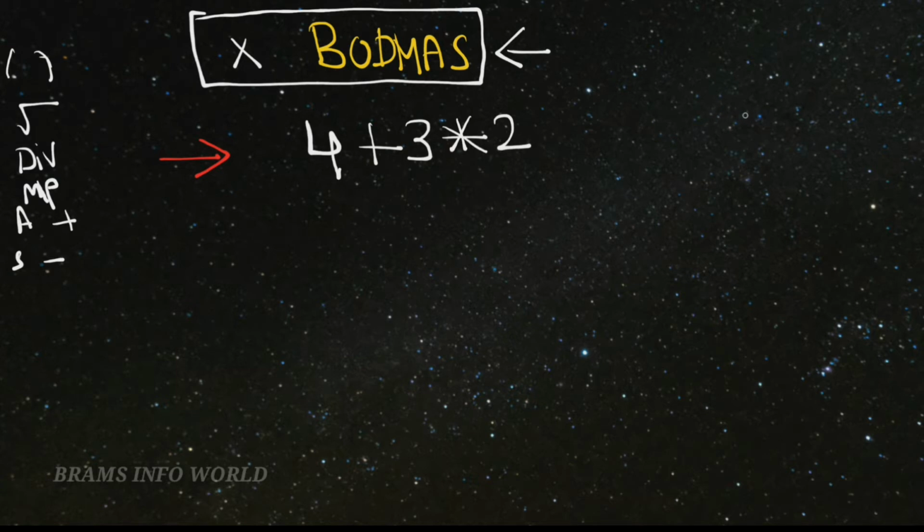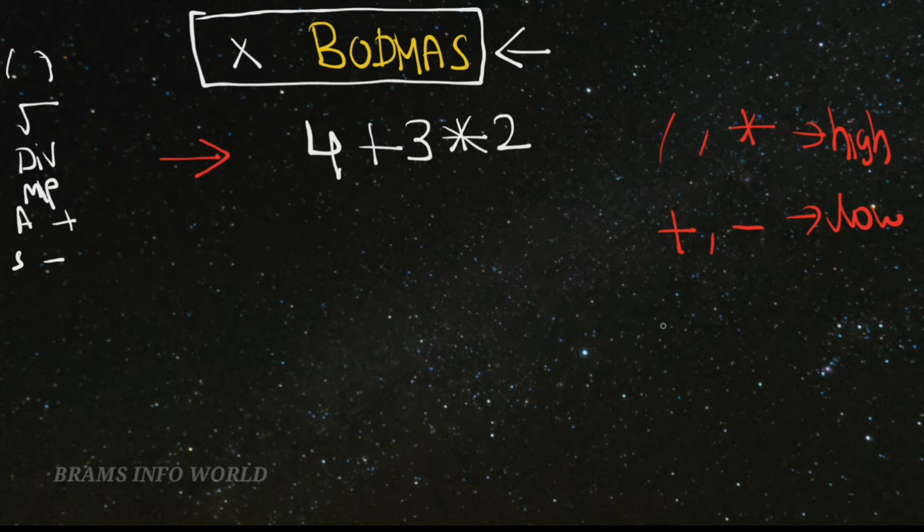In this expression, do we evaluate plus first or star first? There is an operator precedence and associativity table. Based on that, star and slash are both high priority for basic expressions, and plus and minus are both low priority.